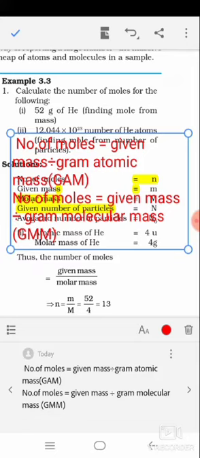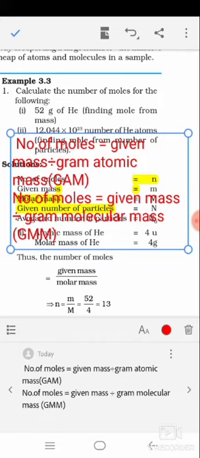Means you are provided a substance. In this equation, 52 gram of helium is the given mass, divided by the gram atomic mass. Helium is an atom, so gram atomic mass is its atomic mass itself. We always express atomic mass in units, like 1U, 2U and so on.